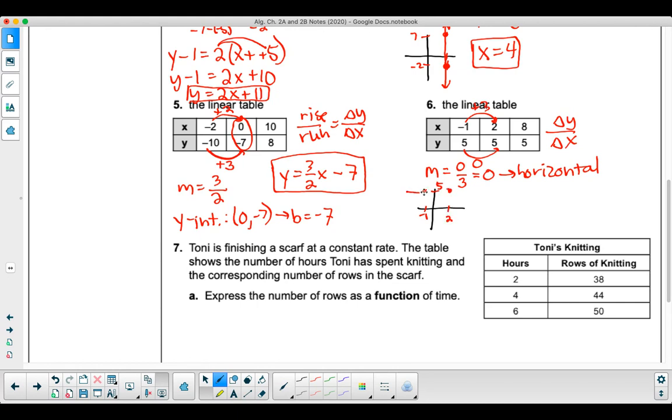There are those points. You can see they're going through the same y value, and you can see here the y values are the same. So if the y values are the same, that horizontal line is going through y equals 5. So that is the equation then for a horizontal line when your slope is 0.